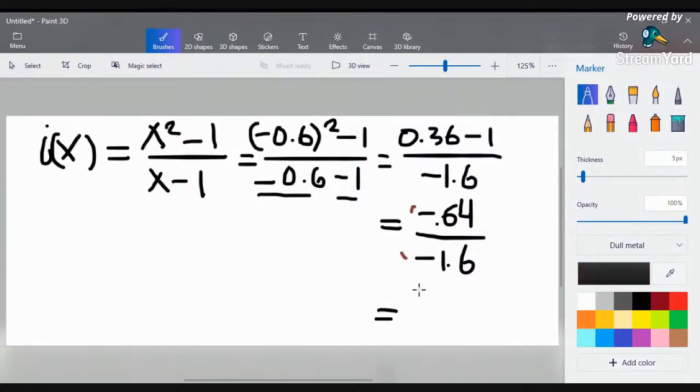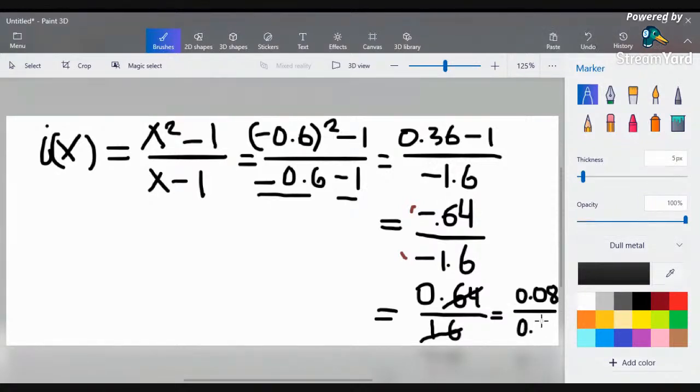So that is 0.64 over 1.6. If you are going to reduce that to lowest terms, it can still be reduced. Divide it by 4. So this will become 0.16, and 1.6 divided by 4 is 0.4.